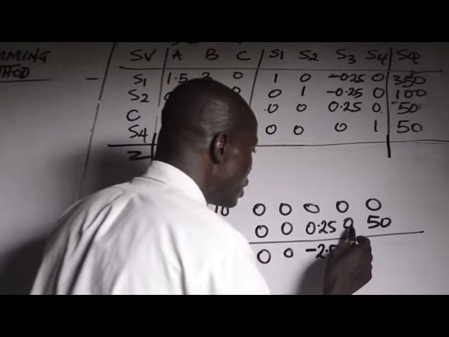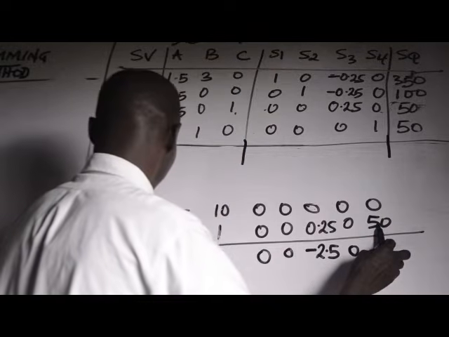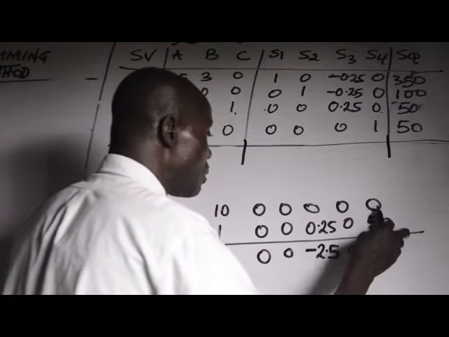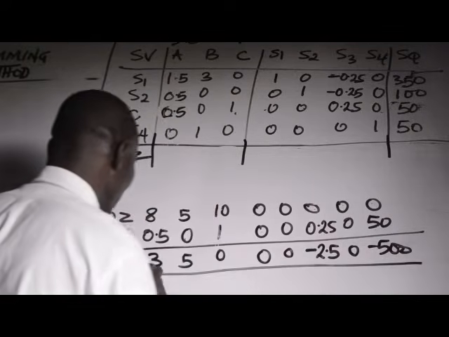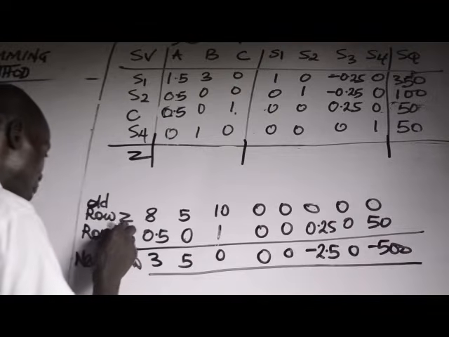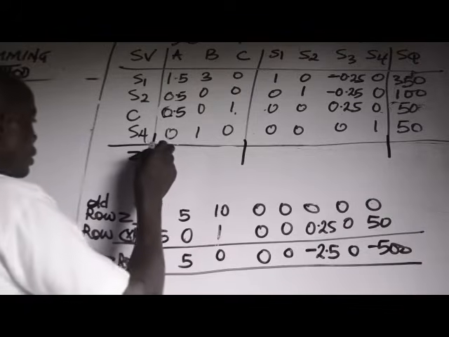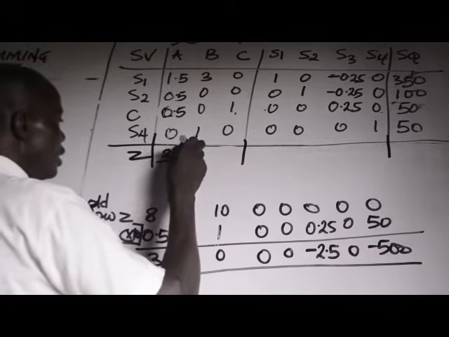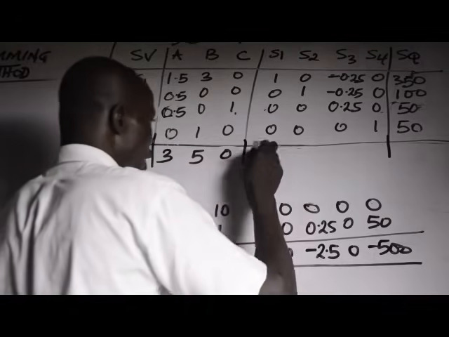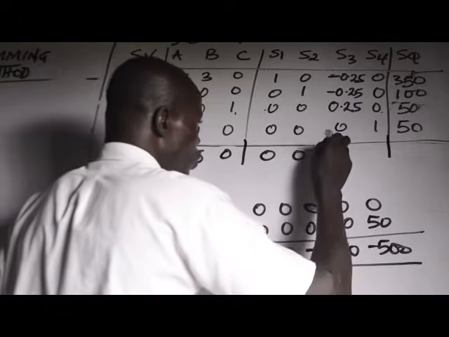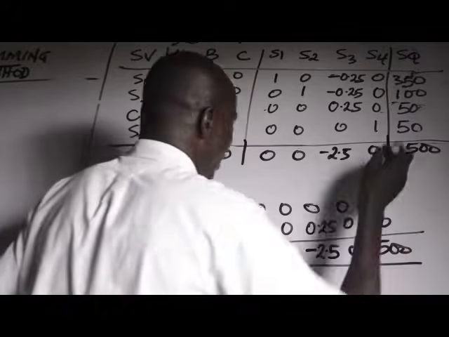Then 10 times 0 is 0. 0 minus 0 is 0. 10 times 50 will be 500. 0 minus 500 gives us minus 500. So this is our new row Z, obtained by multiplying the pivot row by 10 before you subtract. So our new Z row will be 3, 5, 0, 0, minus 2.5, 0, and minus 500.